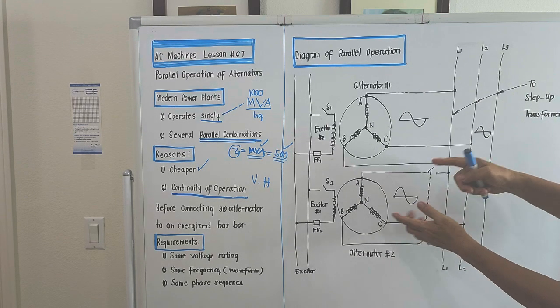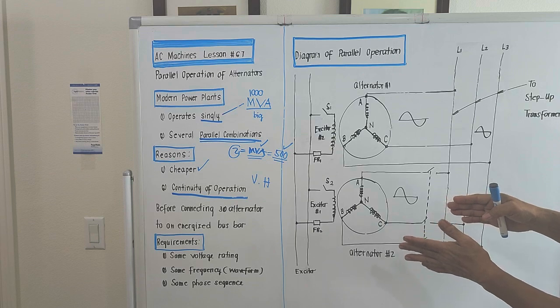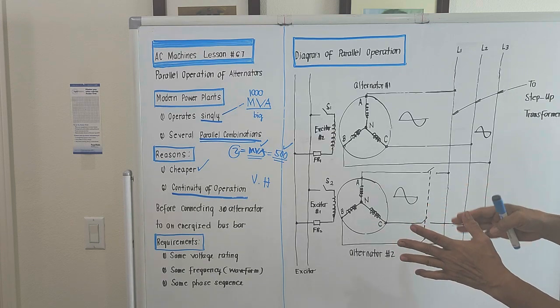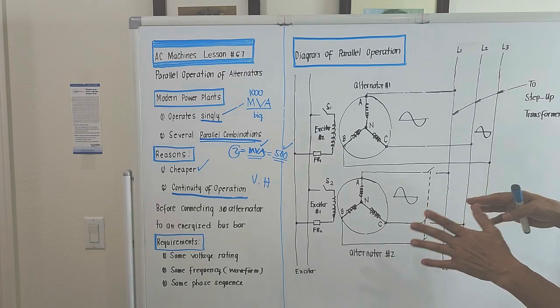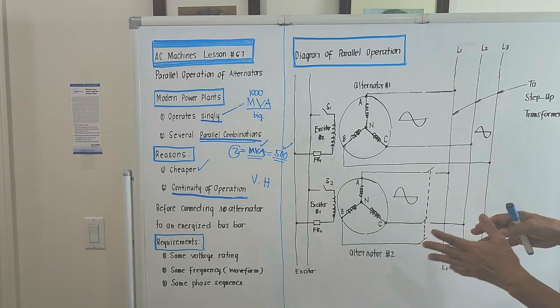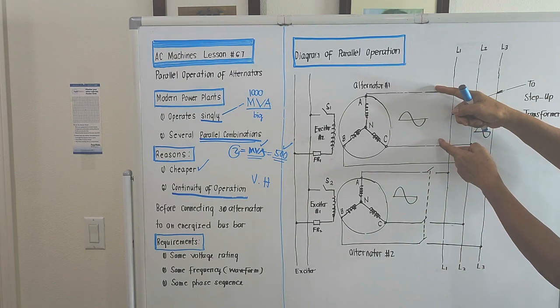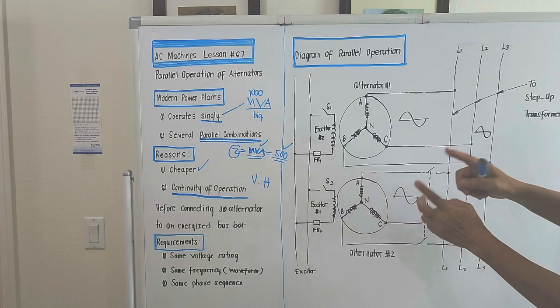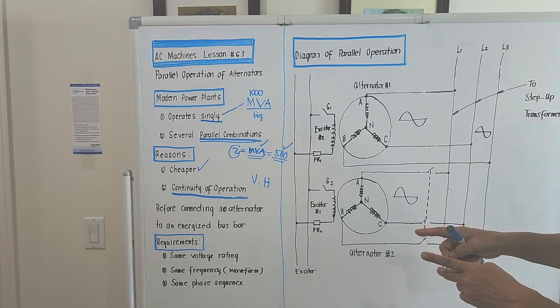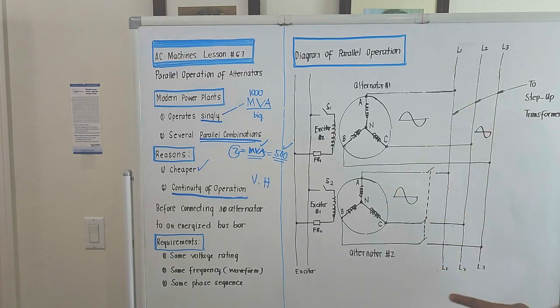It's not that you could not operate it, but the operation would not be smooth if this is 2300 and this is 2500. There is a problem with that one. We have a problem with the so-called circulating current.